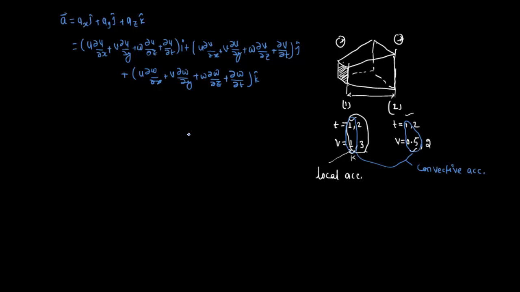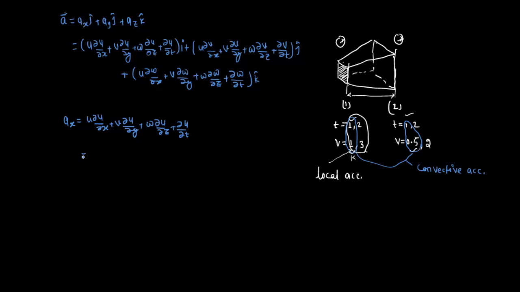Okay, so we can convert this differential form into the vector form. So first I'm converting this individual acceleration, that is ax, into vector form. So we can write ax we defined, that is u del u by del x, v del u by del y, w del u by del z, plus del u by del t.